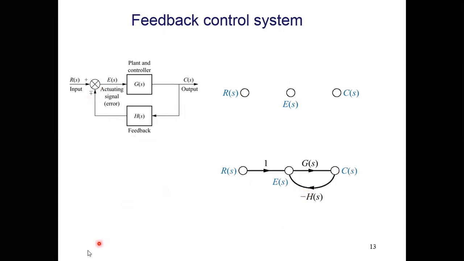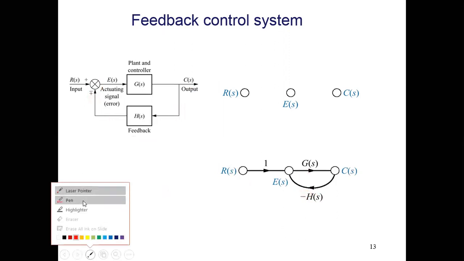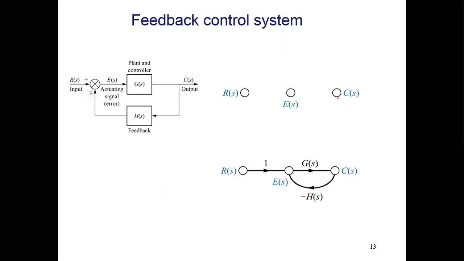This can also be written as C of S to, here we have for example a node, and H of S, and feedback, positive or negative sign.